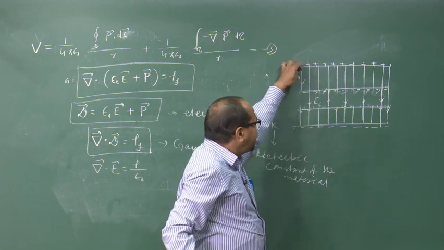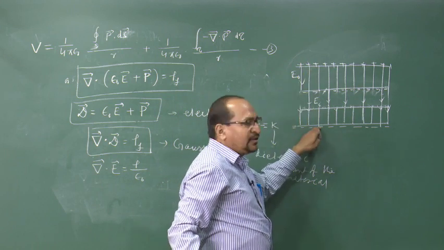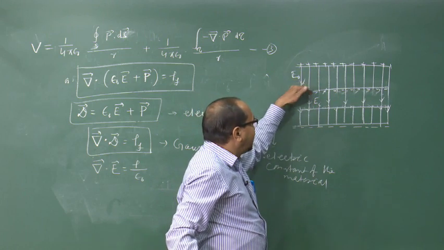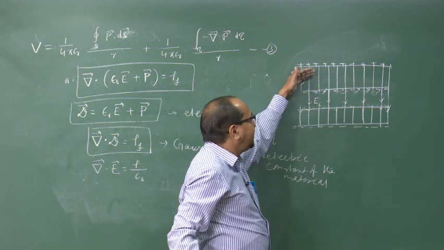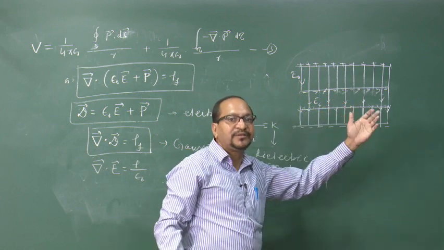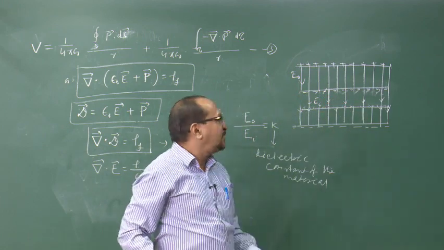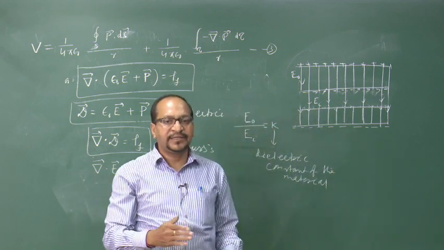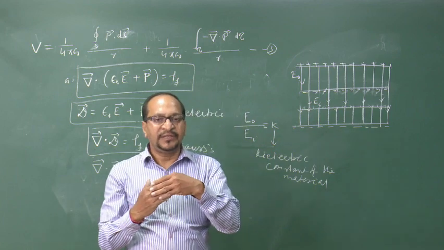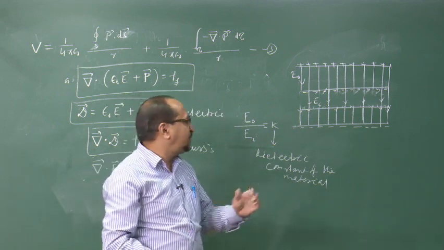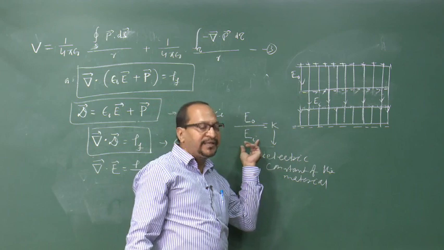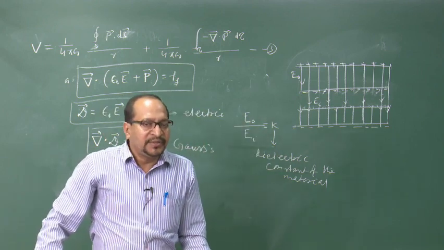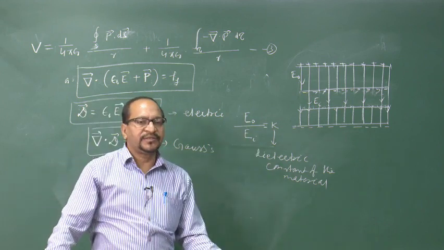So, if lines are continued from this point to this point, then these are D lines, displacement lines, while the lines outside the dielectric as well as inside the dielectric are the field lines. Okay. And due to this polarization, the field induced inside the dielectric is opposite to the applied field, therefore, the net field decreases, and if this net field inside the material is E i and field outside the material or applied field is E o, then E o by E i is equal to K.